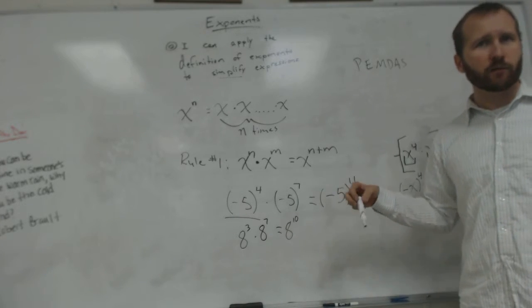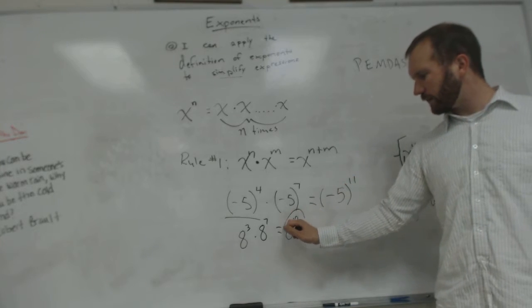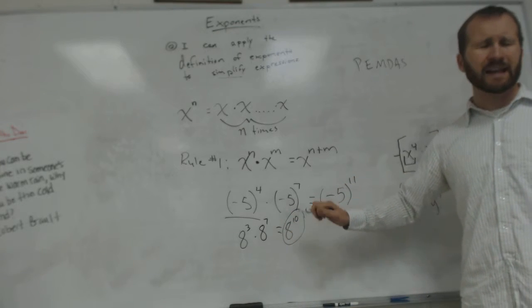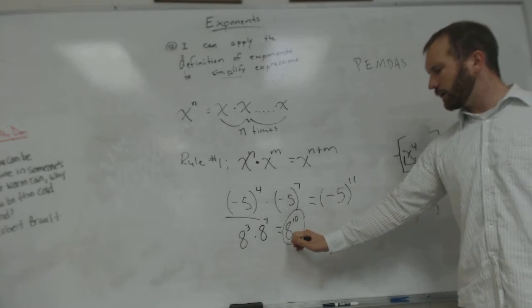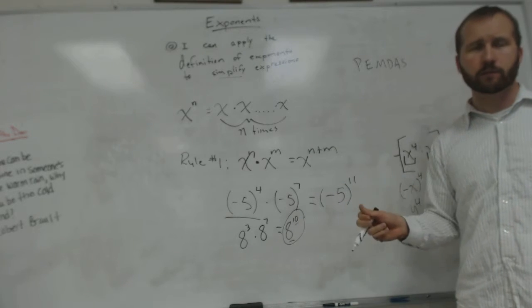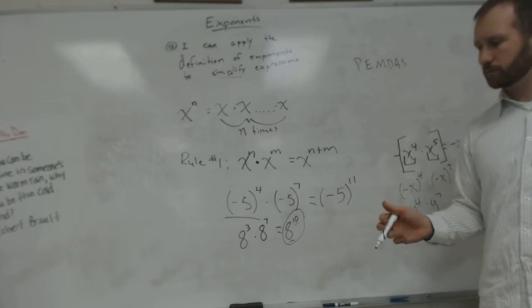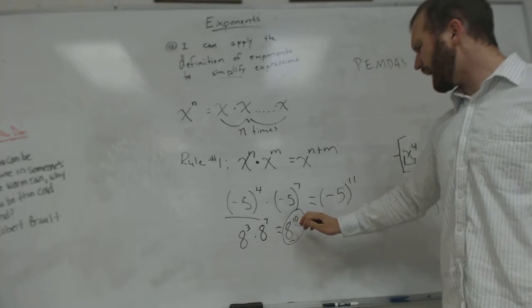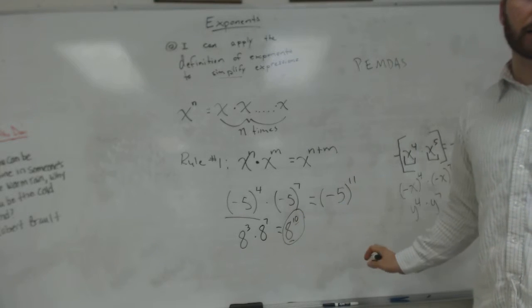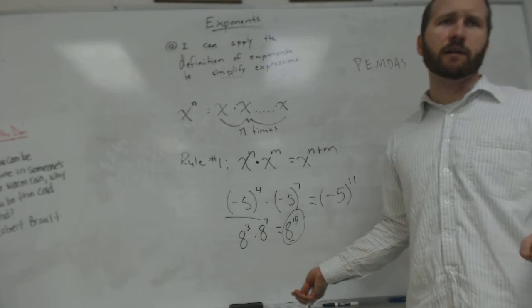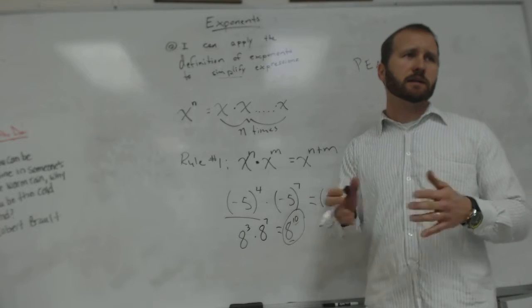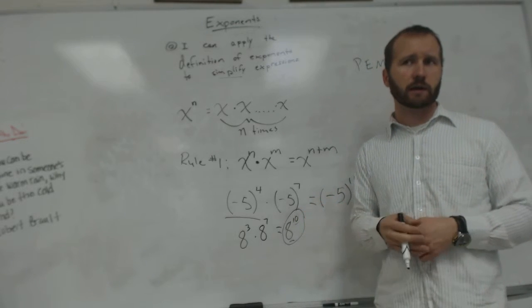But for the purposes of what we're doing today, this is a final answer. 8 to the 10th. As long as I have one base and one power, I'm done. We're not actually multiplying out 8 ten times. I know that you could do that; you'd probably use a calculator. So I don't need to see you do that for the homework.